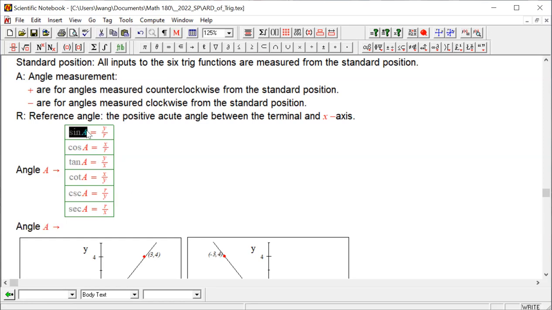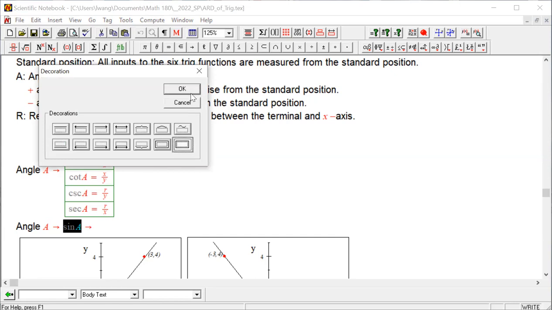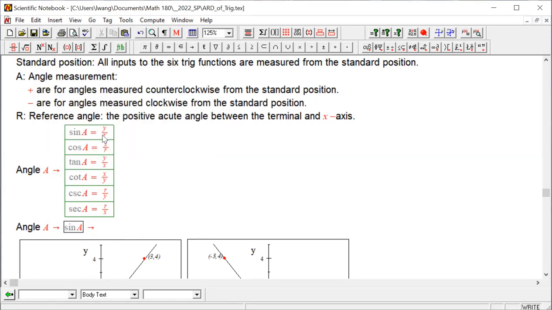The rule of the function produces the output. So the sine function is that rule. A function is a rule. This rule produces a ratio, and this ratio is y over r.